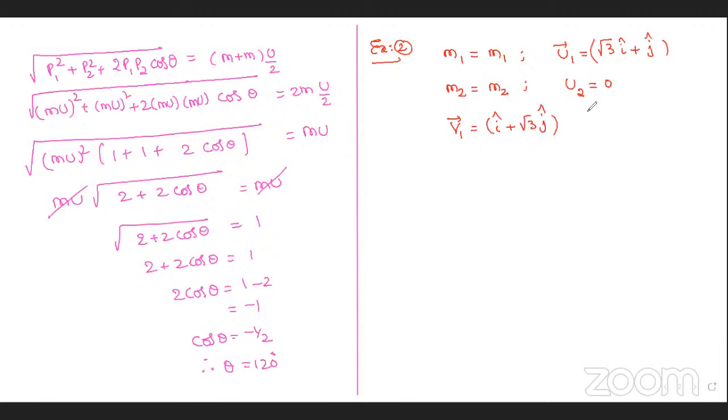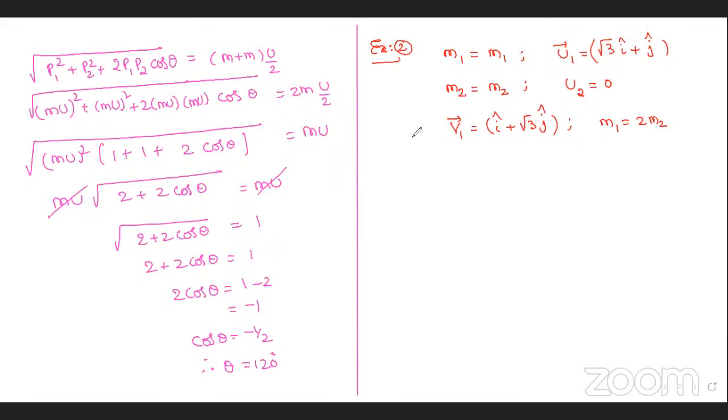And given that m1 is equal to 2 m2. Oh, 2 m2, so m1 straight away I write as 2 m2. Okay, no problem.